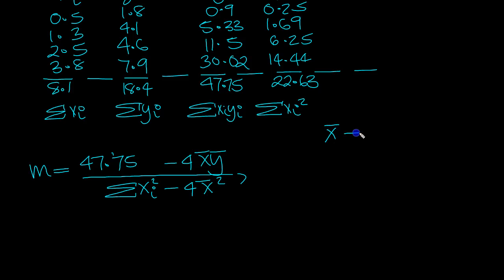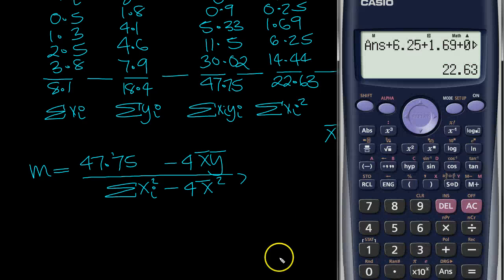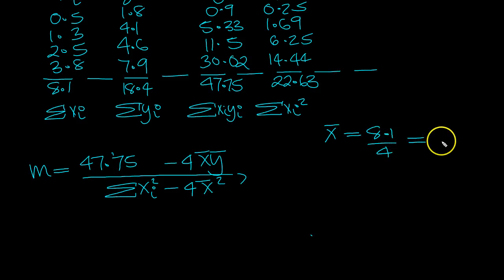X bar we need, which is 8.1 over 4, because there's 4 data points. 8.1 over 4 is 2.025. So that's x bar.